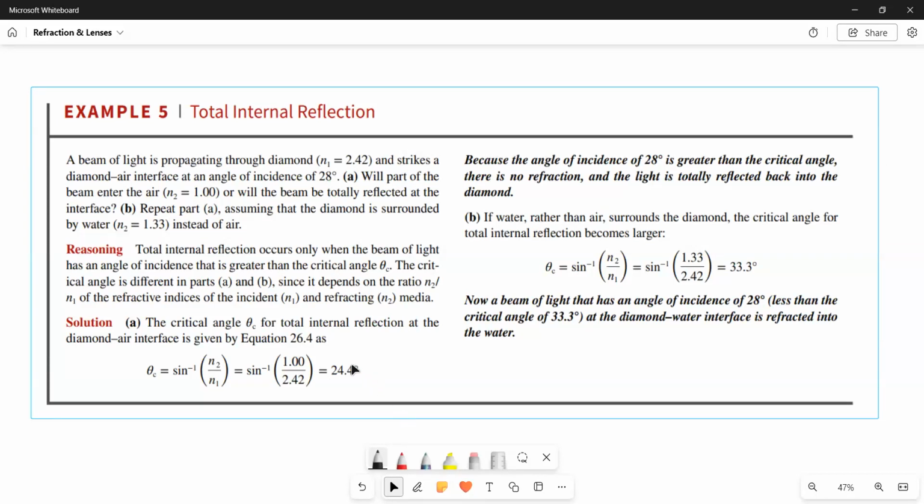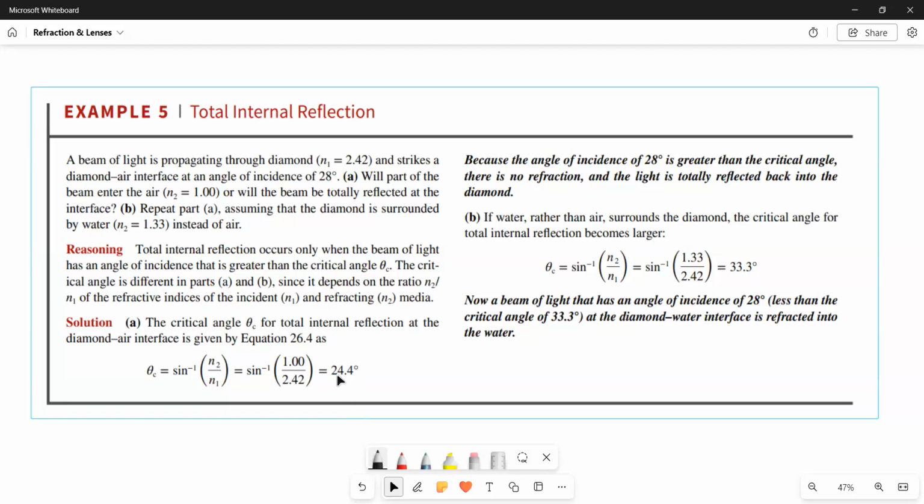So the fact that the angle of incidence is 28 degrees, you're going to have total internal reflection. They say that the angle of incidence was 28 degrees.